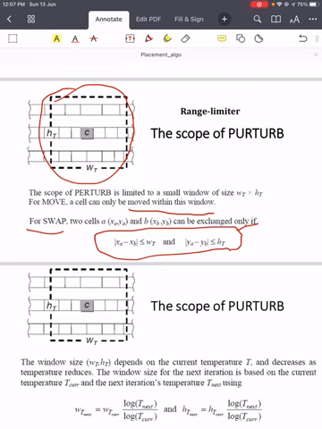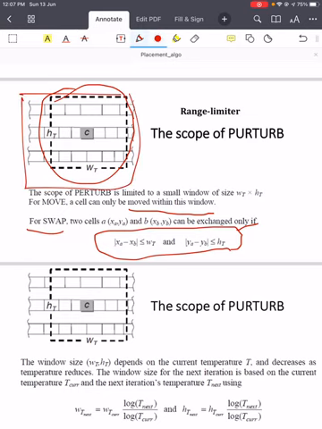At the beginning, this rectangular region, defined by WT and HT, the width and height, is very large, big enough to contain the whole chip area. Initially we'll consider the whole chip area, but then the window size is going to shrink slowly as the temperature decreases.